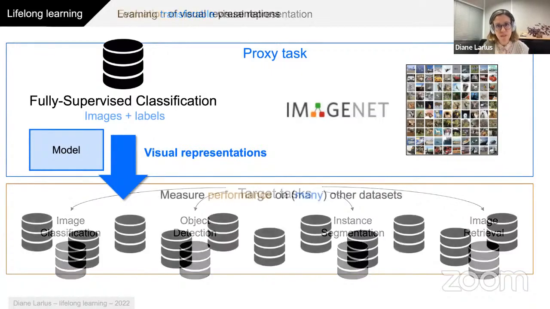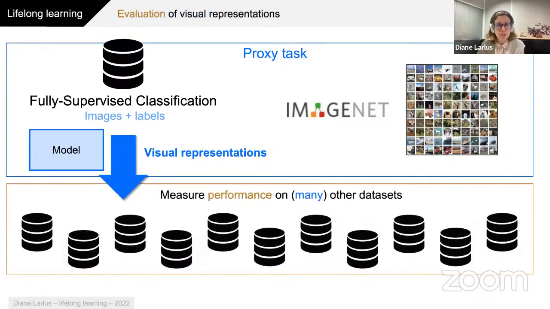How can we do that? Well, the way visual representations are typically evaluated is simply by using these representations on a large set of tasks and datasets that is as large and as diverse as possible. And we just see how they perform on these tasks. And this gives already a very good first intuition on the generalization capability of visual representations. But can we think of something that is more principled?